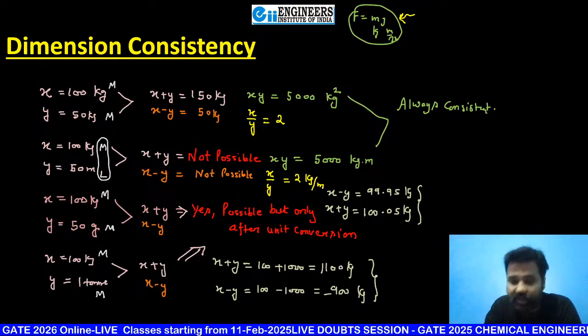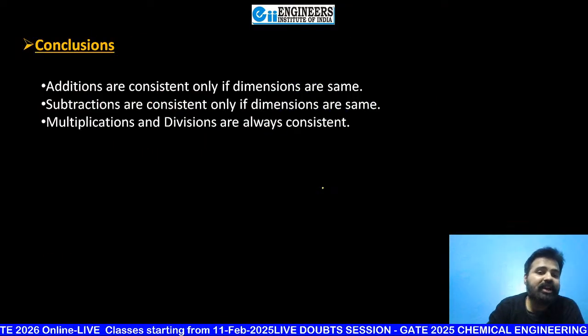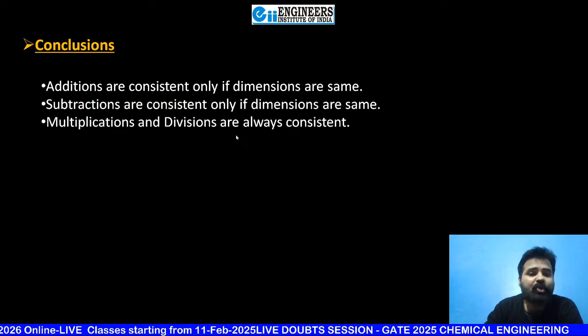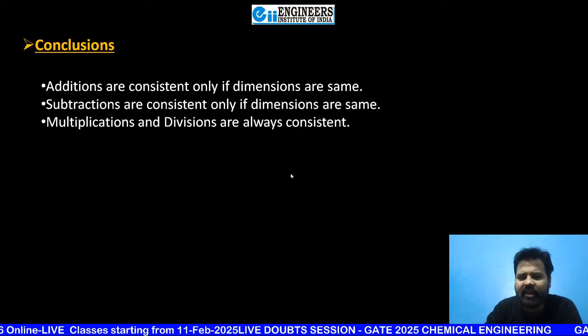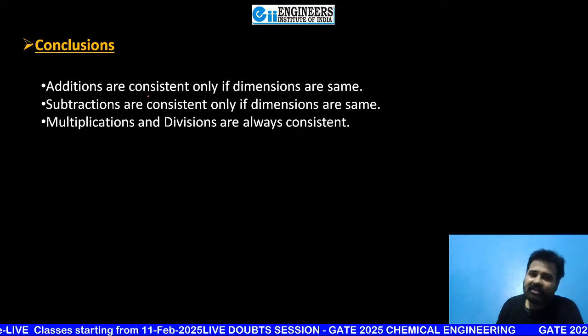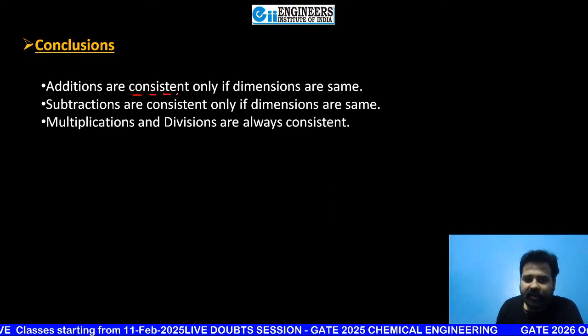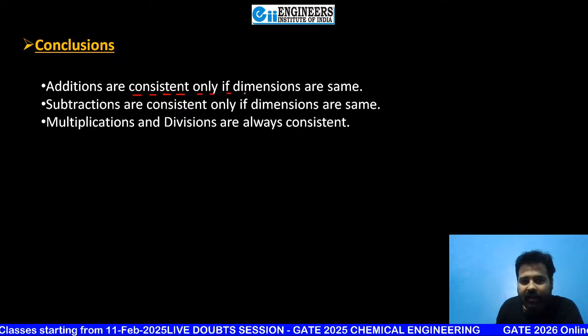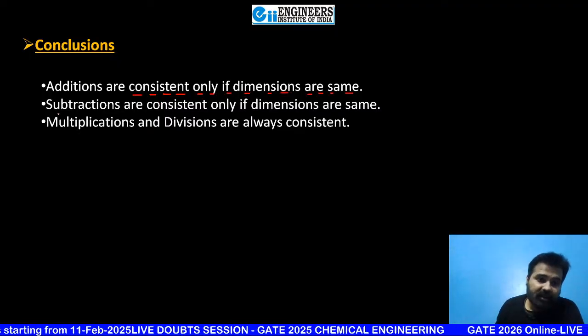Okay, chalo. So what is the conclusion here, my dear students? See, beautiful conclusions written by me here for you guys. Conclusion number 1: additions are consistent only if their dimensions are the same.